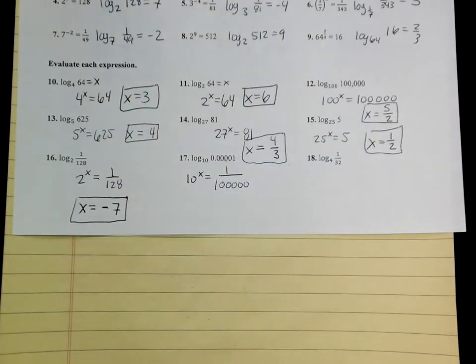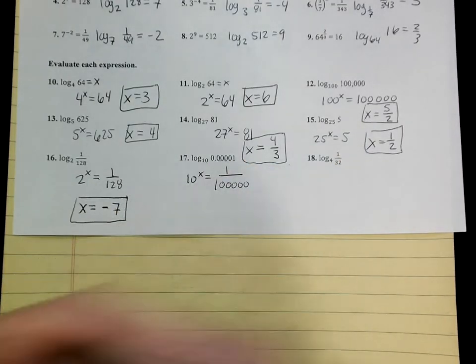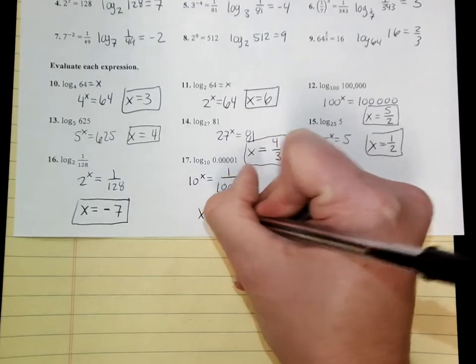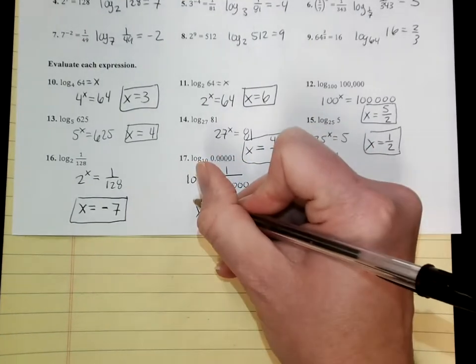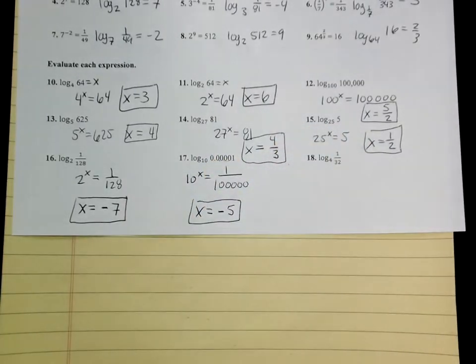Okay, just checking. Good. What would I need to do to that? Well, again, since that's a fraction, I know it's going to be negative. Again, I have 5 zeros, so negative 5. I'm double checking myself. That's embarrassing. Okay, good. I feel good about it.